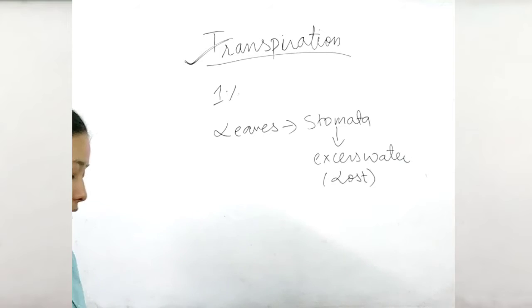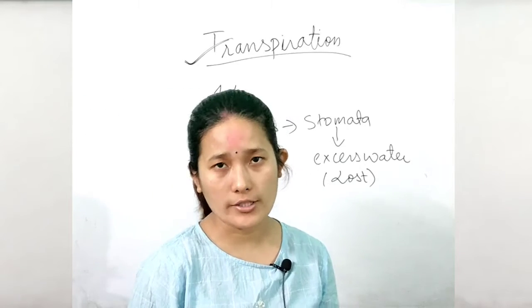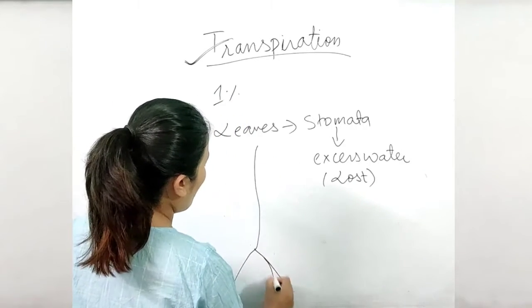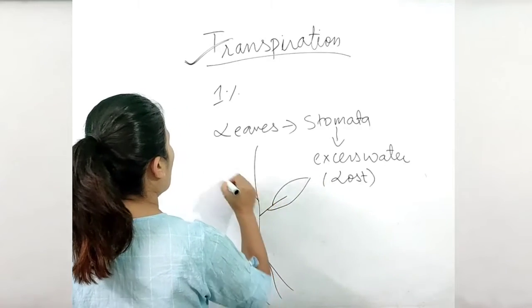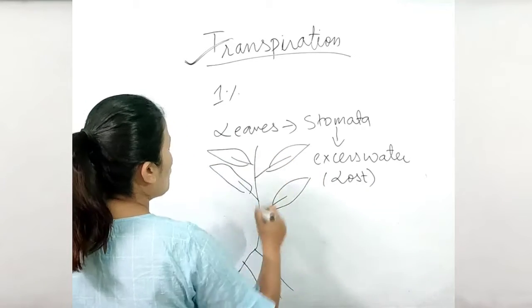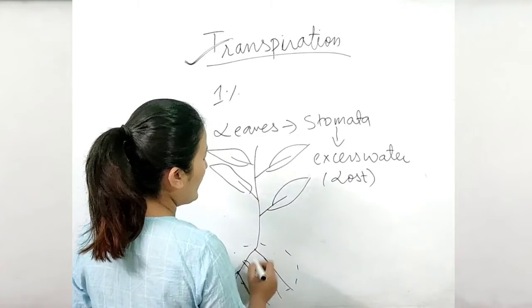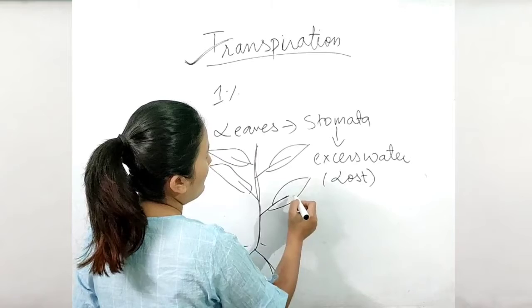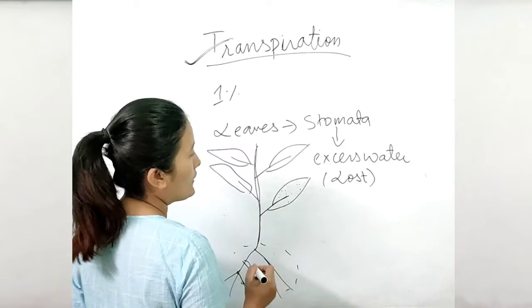Now let us understand how transpiration helps in conduction of water. Suppose this is a plant, you have the root here, and leaves. Roots continuously absorb water from the soil around and then conduct it. Leaves have pores on the lower side through which water is lost.